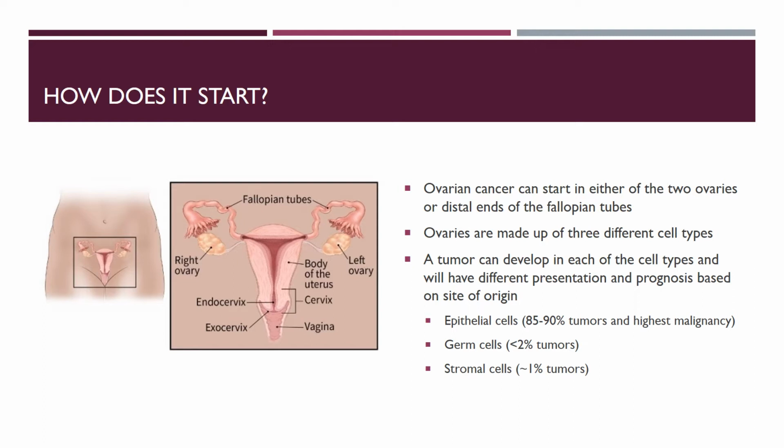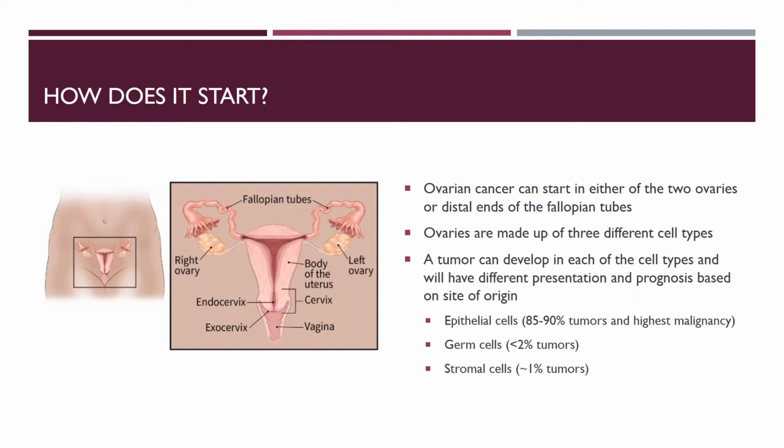The ovaries are the reproductive glands that home unfertilized eggs in the woman's body. And they are made up of 3 different cell types, and they also are the main source of hormones, estrogen and progesterone. So each of the different cell types that make up the ovary can result in a different type of tumor.